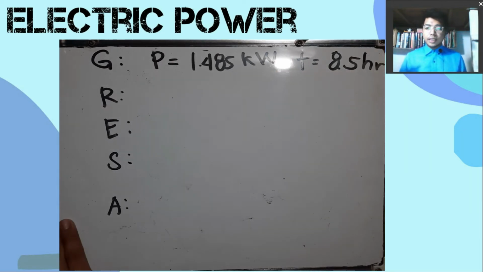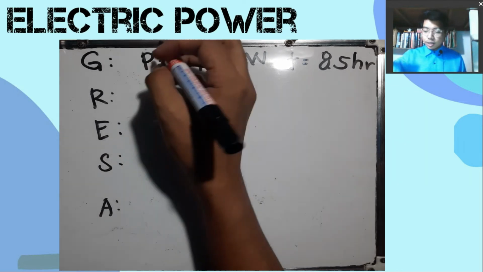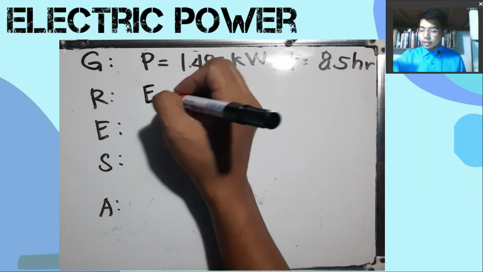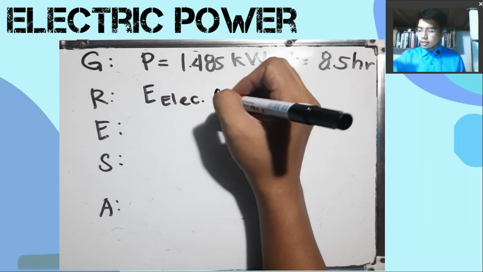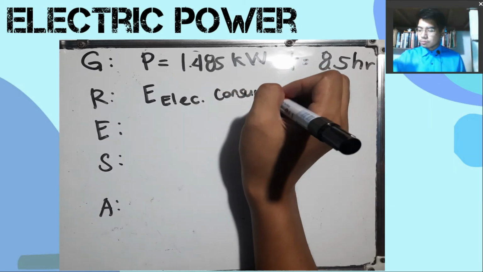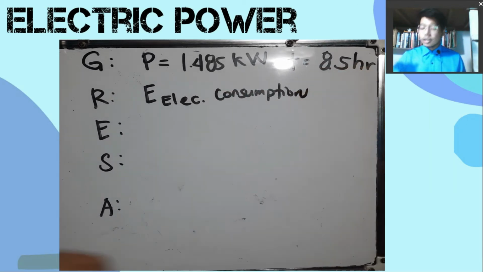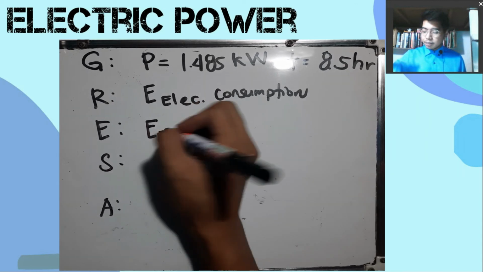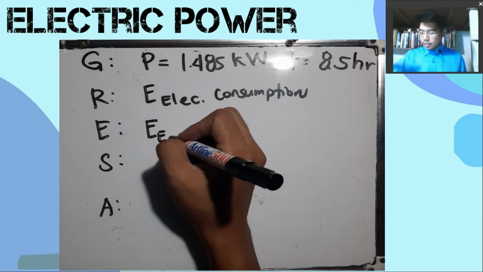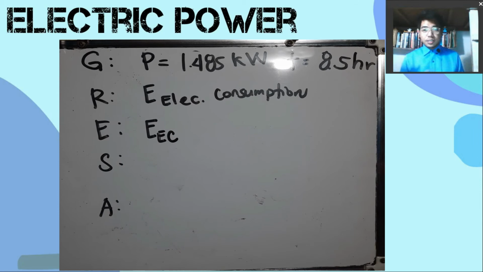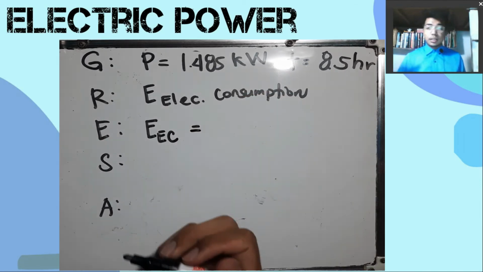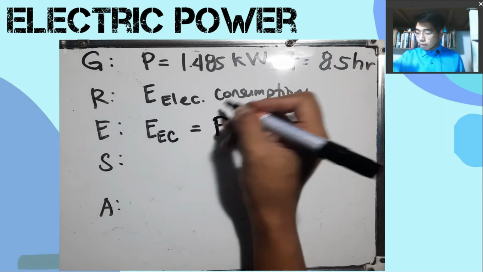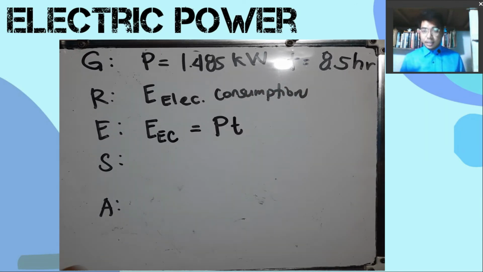Now, for the required, we are considering the electrical energy consumption, or we can just use capital letter E with subscript letter E, then subscript letter C. So this simply means electrical energy consumption. Then it is equivalent to power multiplied by time.